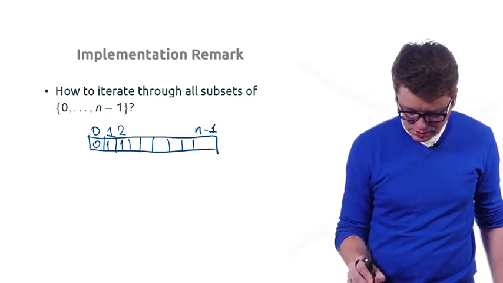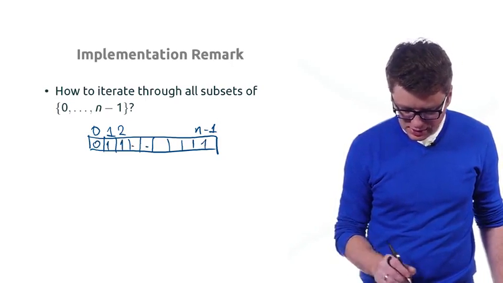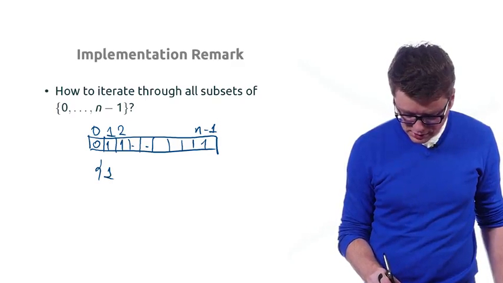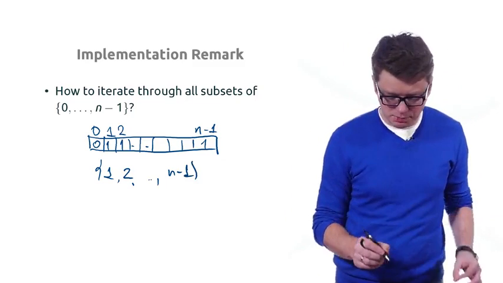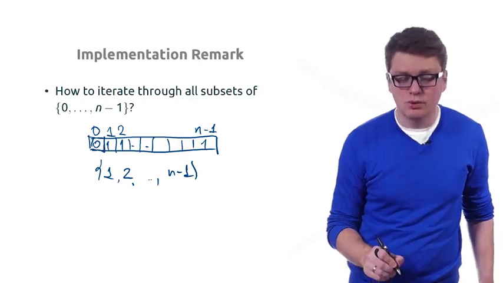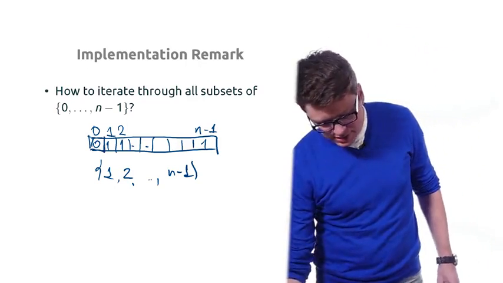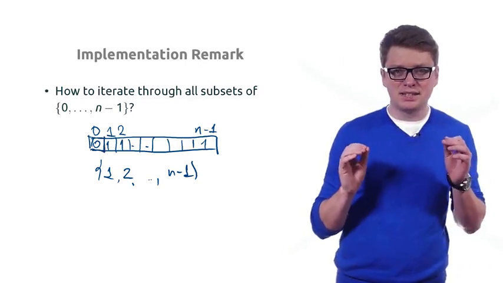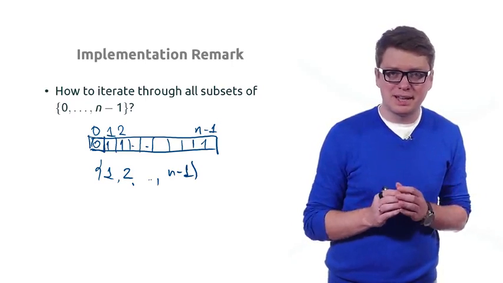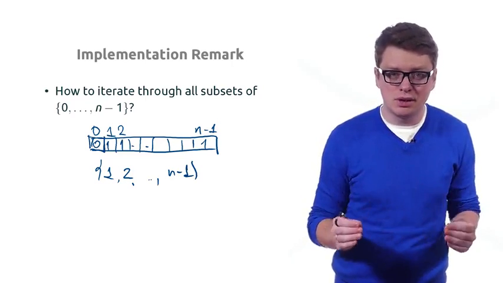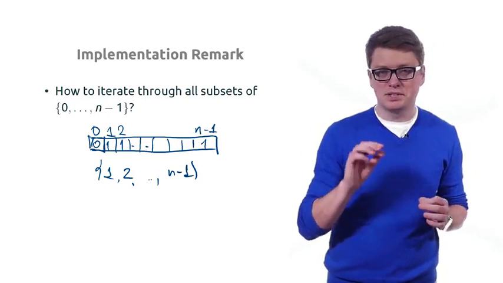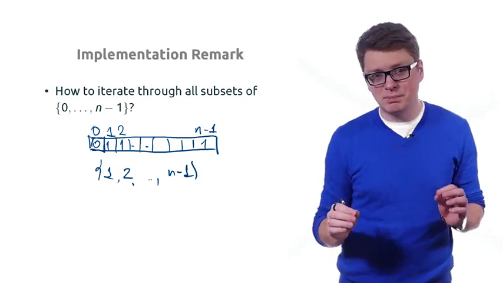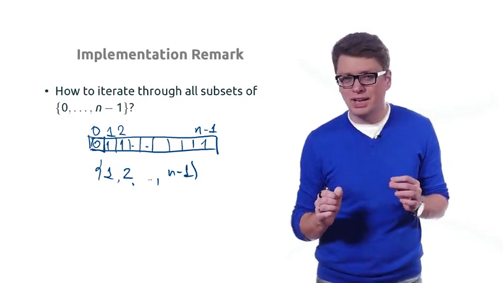So for example, an array like this contains elements 1, 2, and so on, probably n minus 1, but does not contain the element 0 because the corresponding cell here is equal to 0. So each cell indicates whether the corresponding element appears in our set or not. And since there are exactly 2 choices for each cell, either 0 or 1, the number of subsets is 2 to the n.